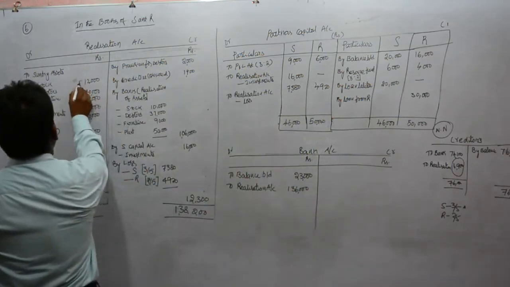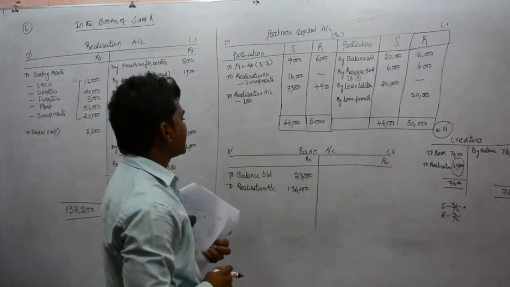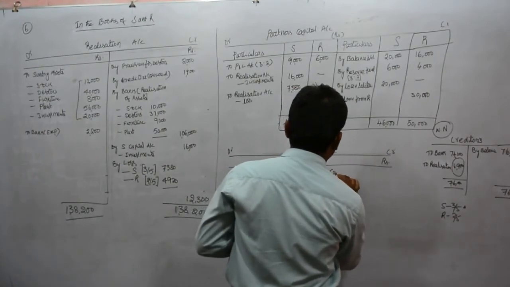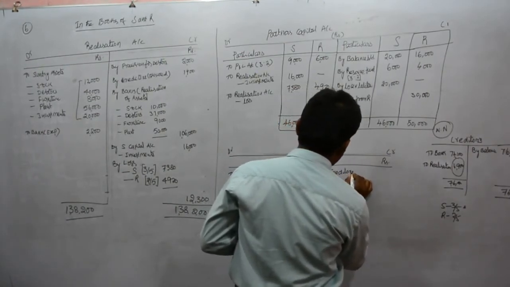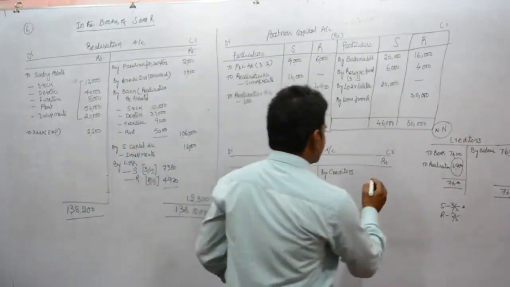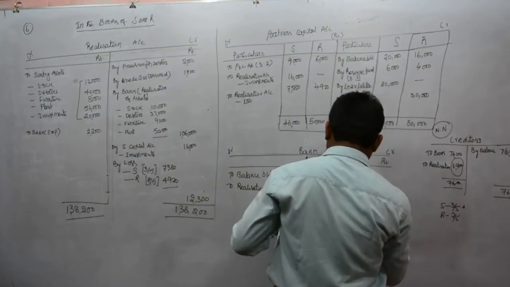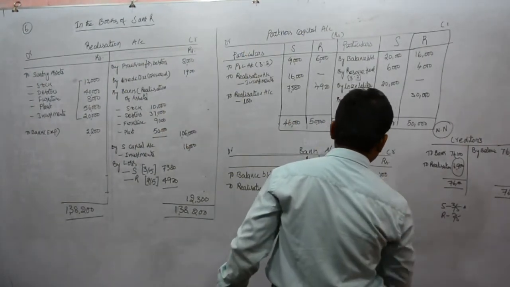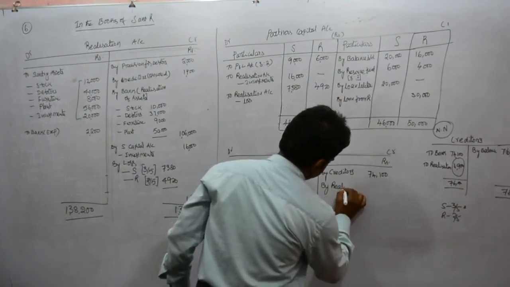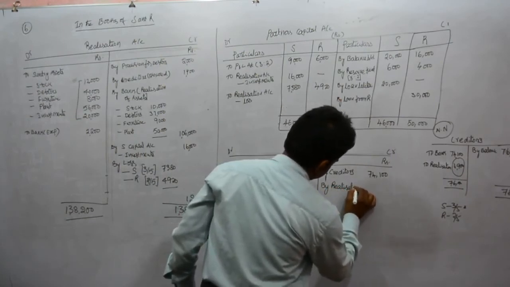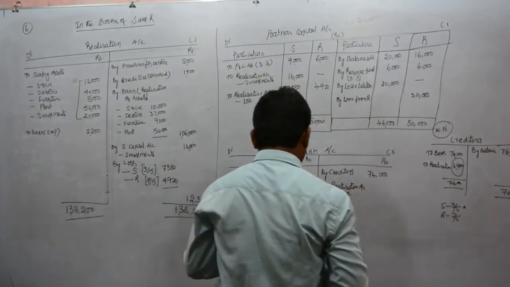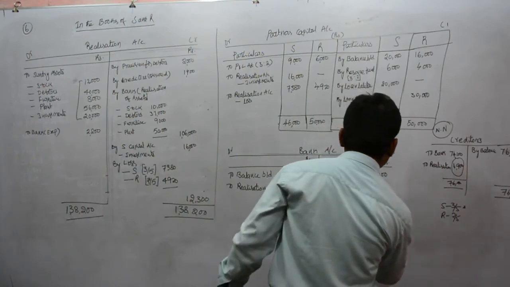By creditors, what amount we have paid to the creditors? 74,100, and by realization expenses, 2,200.